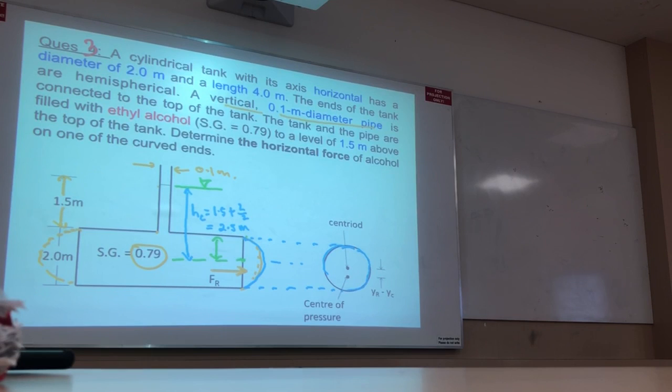What is the area? Pi r square or pi by 4 d square. Area of this portion is pi by 4 d square, or I can write pi by 4 2 square, no problem.